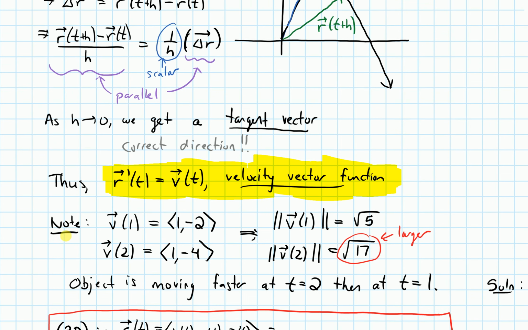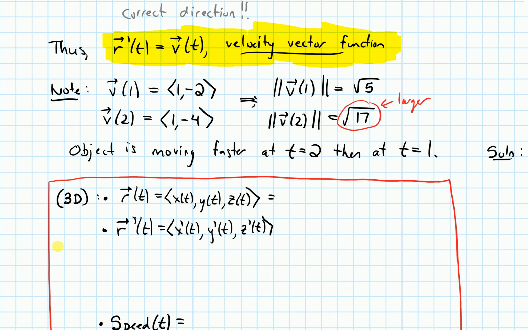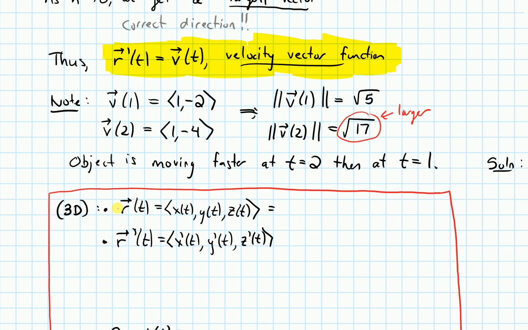All right, so I want to sum up some of the key things that we've said. When we talk about a function r of t that equals <x of t, y of t, z of t>, this vector function is called a position vector function. We label a position vector function as r of t typically.